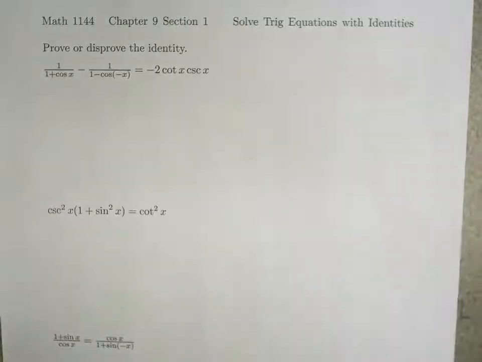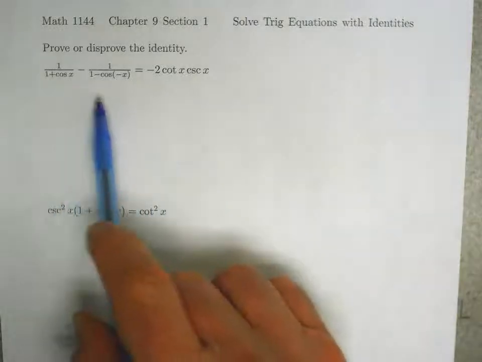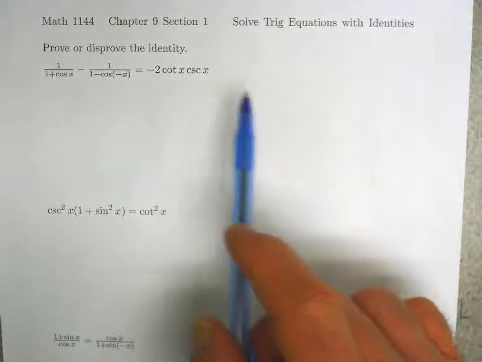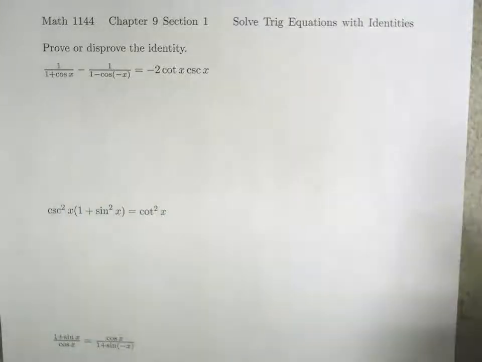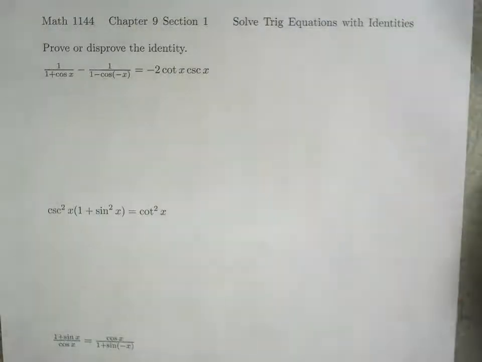This will be a little more challenging because it says to prove or disprove. If you can use algebra like what we've been doing and show that one side is eventually shown to be equal to the other, then that's how you prove an identity. To disprove an identity, all you need is one counterexample.